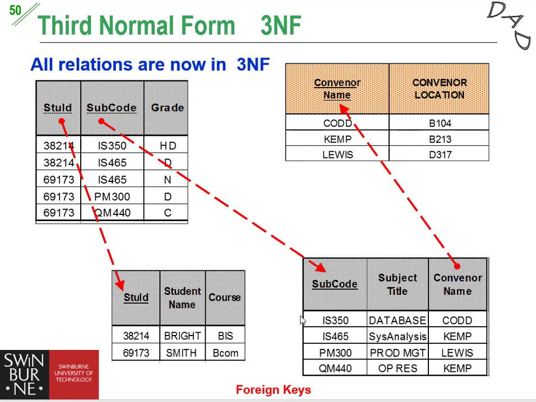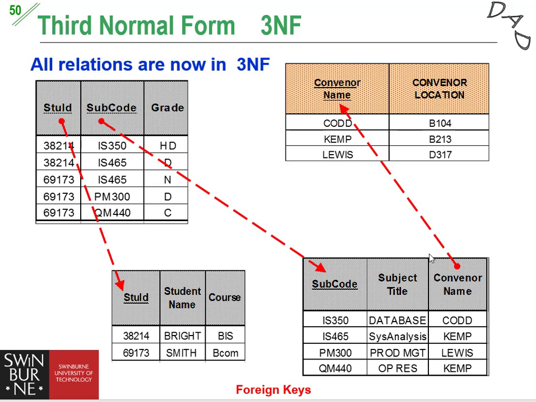Now what is the universal relation in this case? This is the universal relation. In the universal relation we have ended up with student ID, subject code and the grade only, and it is pointing the student ID to the student table. It's a strong entity, and it is pointing the subject code to the subject table.